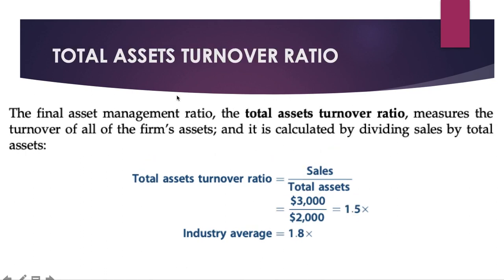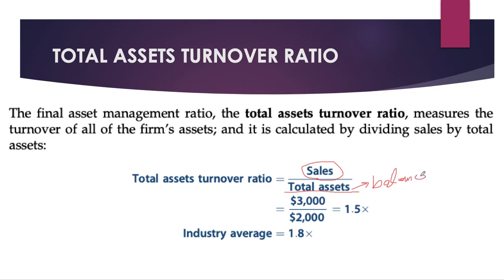Another ratio we want to mention is the total assets turnover ratio. So what about this one? It's a similar ratio, where this number is obtained by dividing the sales by the total assets. Remember, the total assets are from the balance sheet, and the sales number is from the income statement.